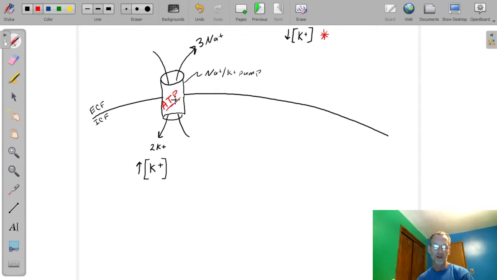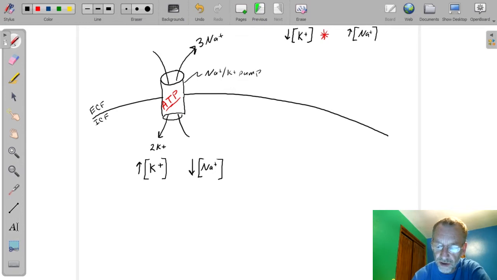Okay, for the sodium, it's pumping sodium out of the cell, so there is a relatively low concentration of sodium inside the cell, and a relatively high concentration of sodium outside the cell.